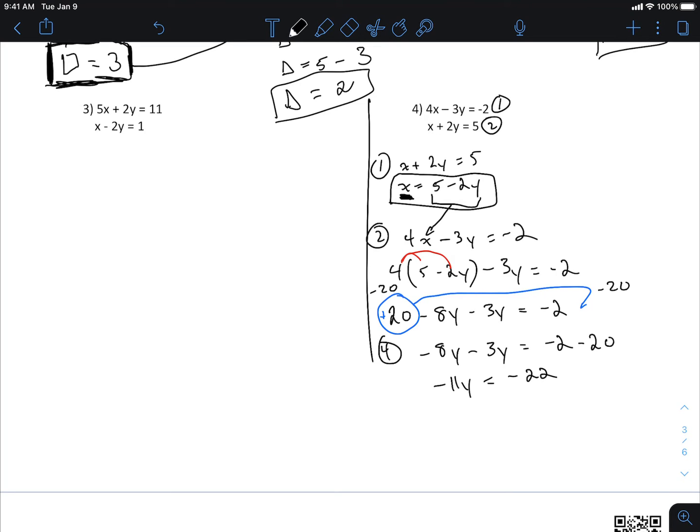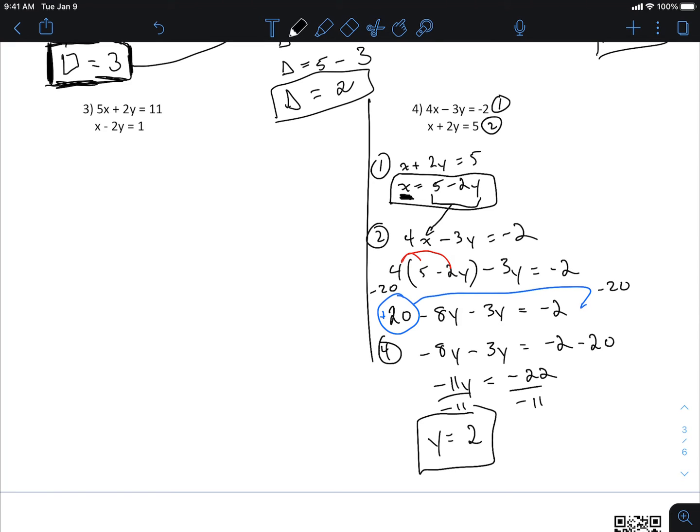How do you get y by itself? Divide both sides by negative 11. So y is equal to, if you don't know, the two negatives are going to cancel, and 22 divided by 11 is 2. So y is equal to 2.